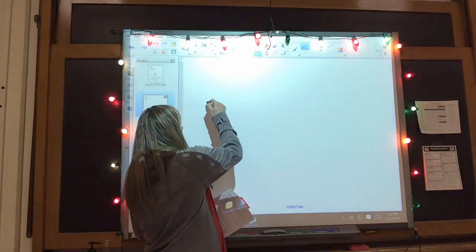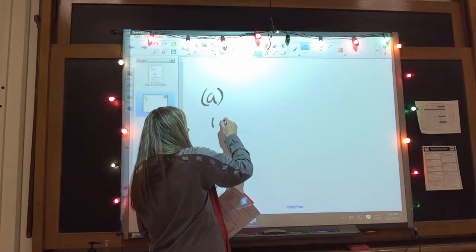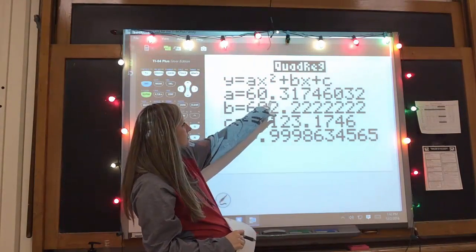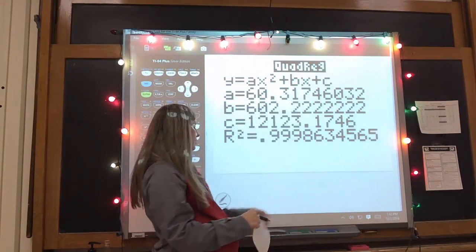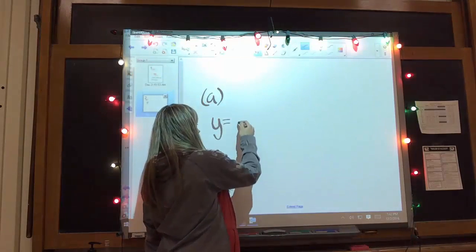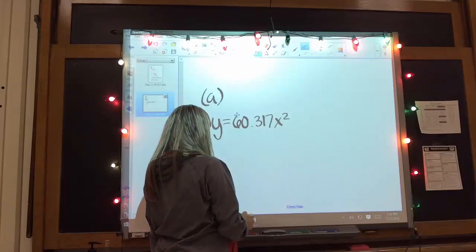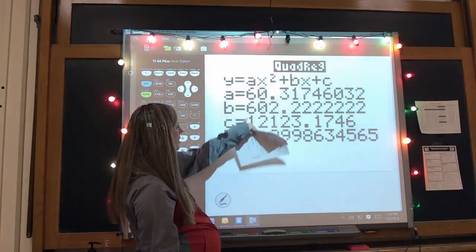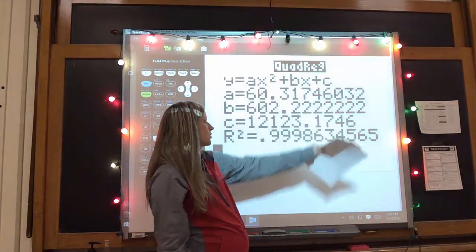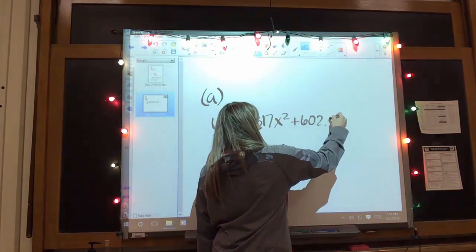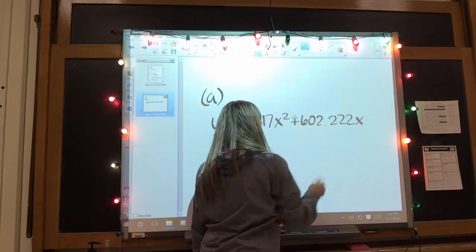Okay, so I'm going to write that equation on part A. Y equals, our A is 60.317 x squared. Our B is 602.222 x, so plus 602.222 x.